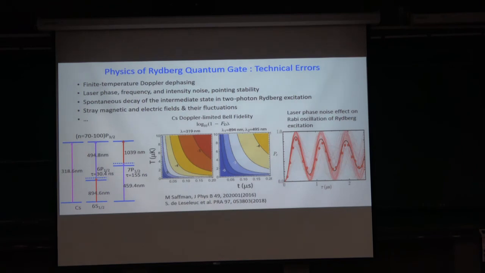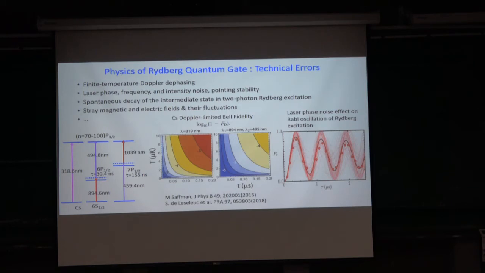Okay, and those are just intrinsic errors. As I said, for almost 20 years, people were still limited by technical noise. Here shows Rydberg excitation. For cesium, you can use direct 1-photon excitation or 2-photon excitation, either through 6P or through 7P, depending on your lasers.